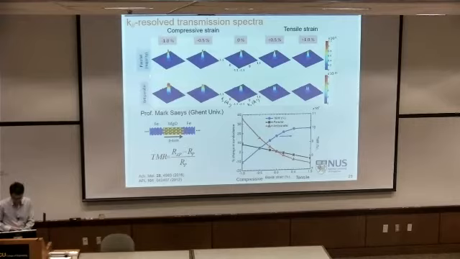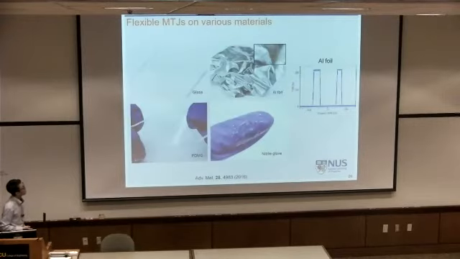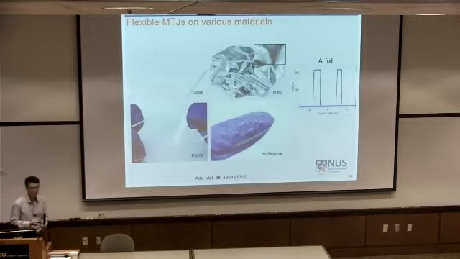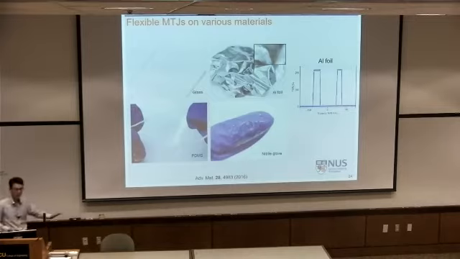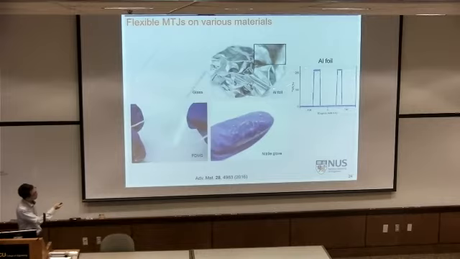So this is the underlying principle of how we can give a sort of strain engineering in magnetic tunnel junctions. We can in fact move this array of MTJs to any foreign substrate. This is an example of glass. You can see many arrays of MTJs. It's difficult to see. This is aluminum foil, PDMS, nitrile glove. Recently, my student was able to move them even onto cloth or paper, with no restriction. And once we move, this is an example of aluminum foil. We can measure the TMR very carefully because you can easily punch through this whole structure with your probe station needle.